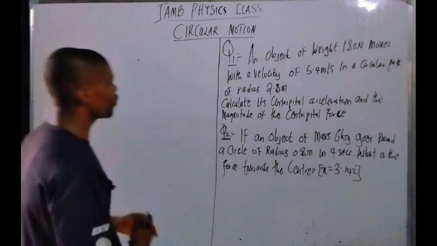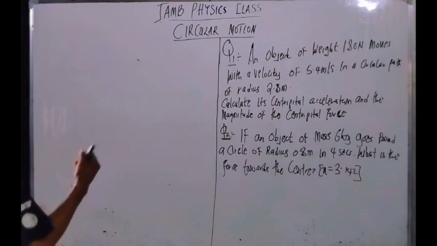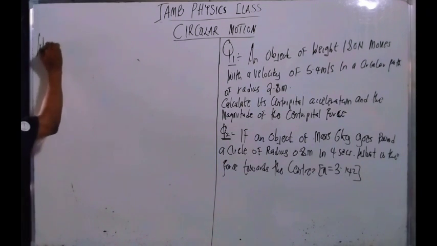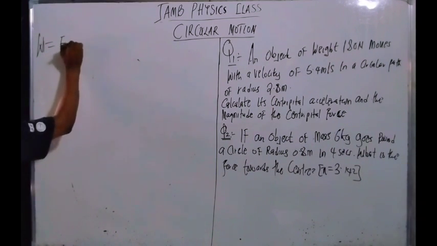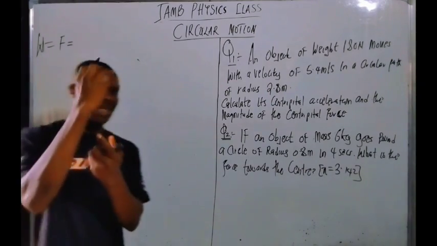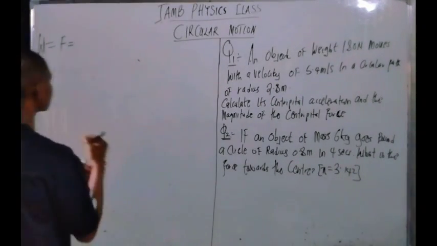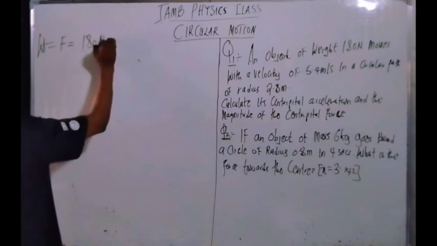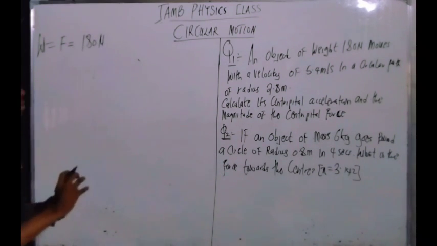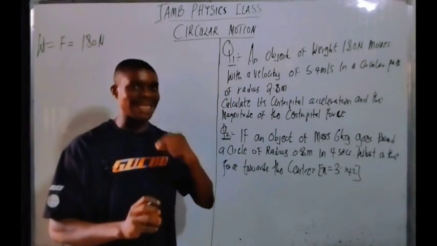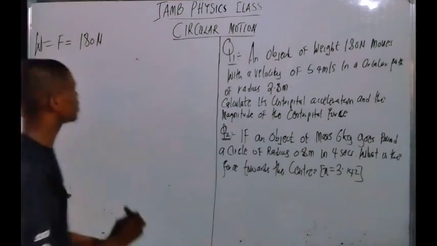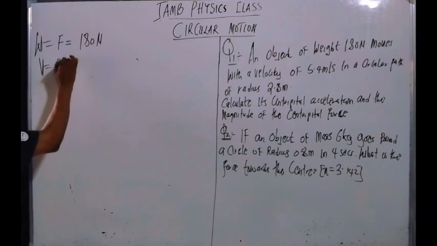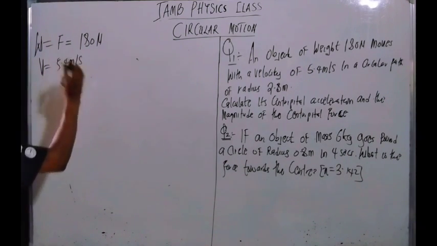Do you understand? If you look at it very well, it's an object of weight. Remember, weight is also the same thing as force, right? So which is 180 Newton. It moves with a velocity. The velocity of the object is v, and v equals 5.4 meter per second, right?